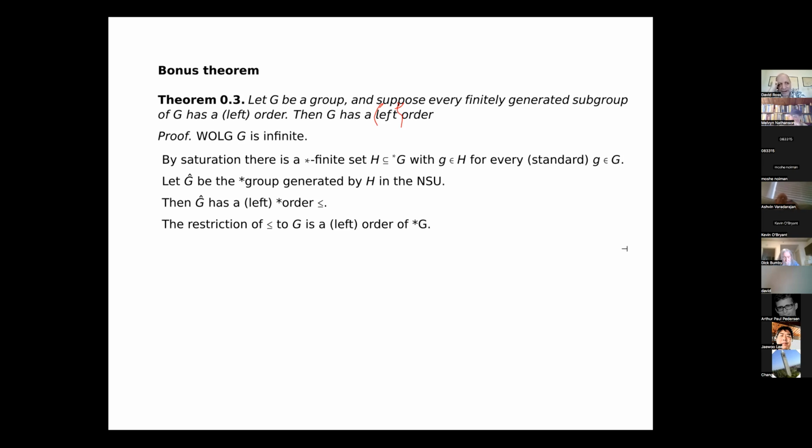So up in the non-standard universe, we've got some subset of star G which looks finite to the non-standard mathematician. It can be put into an internal one-to-one correspondence with, or the elements can be enumerated as, little h sub 1 through little h sub N for some non-standard positive integer N. And it contains all the elements of the original group G. They all show up in there somewhere.